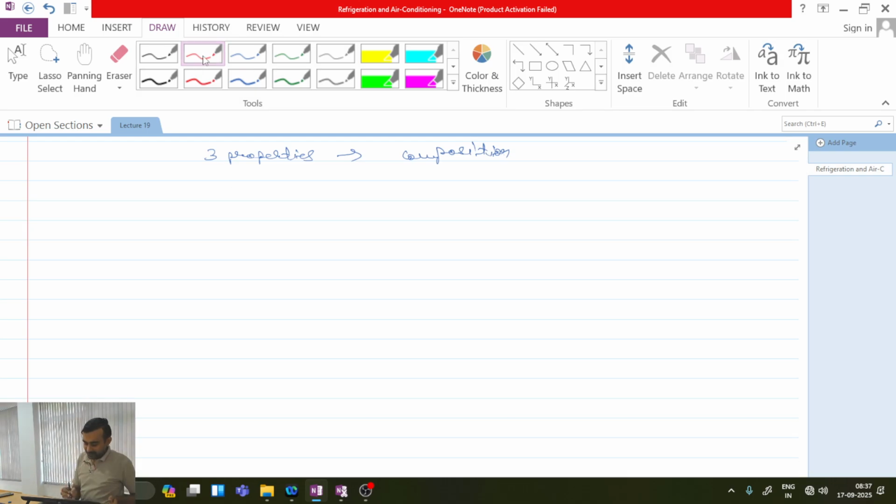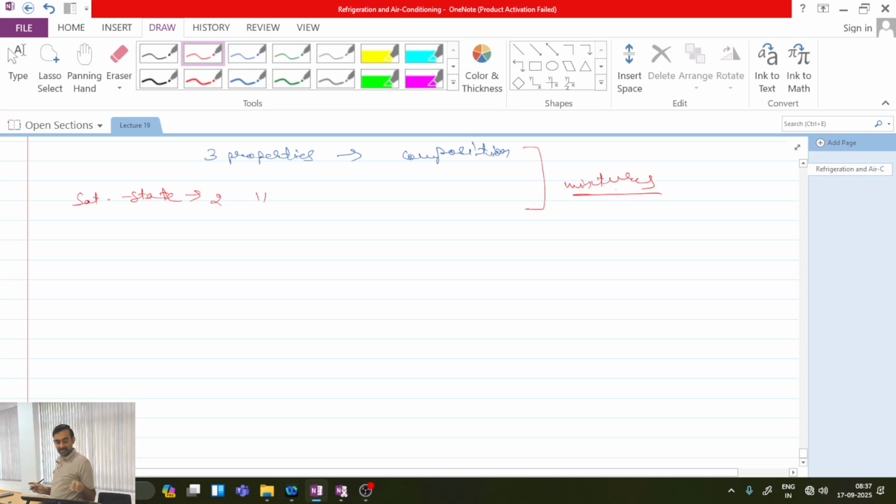And whenever we are referring to saturated state, then at saturated state we will be requiring two properties. Is this one clear? So this is valid for mixtures, whereas for pure substances, other than saturated state we only require two properties, and in the saturated state we require one property.